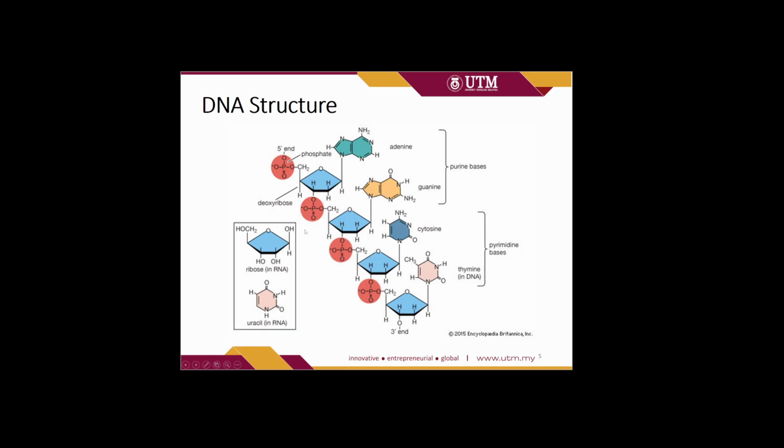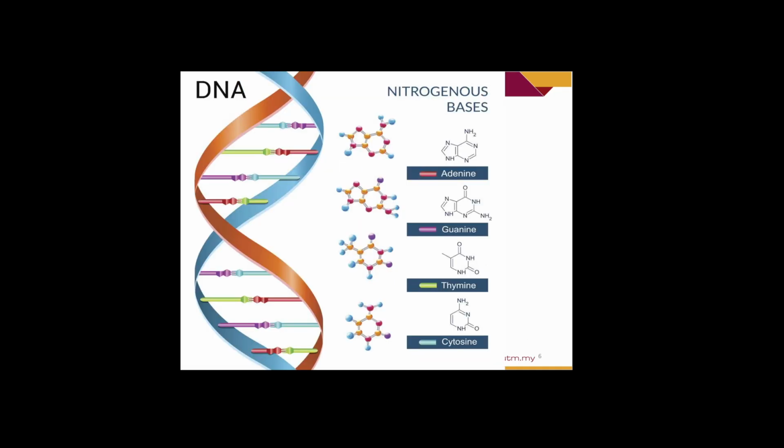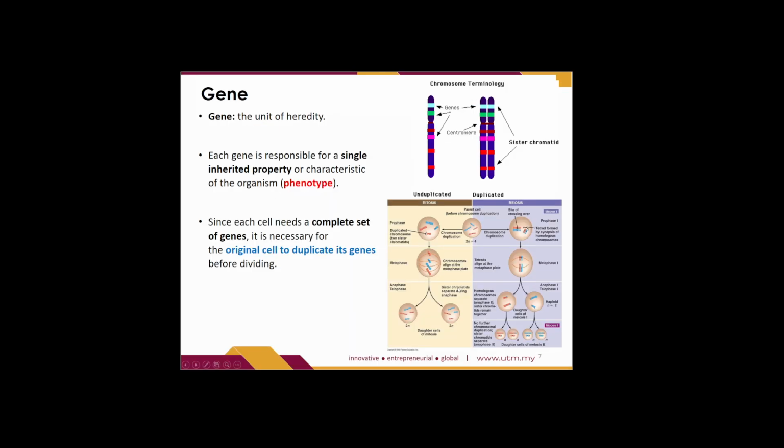In RNA, we have a ribose sugar with phosphate, and we have uracil instead of thymine. These are the nitrogen base structures: adenine, guanine, thymine, and cytosine.